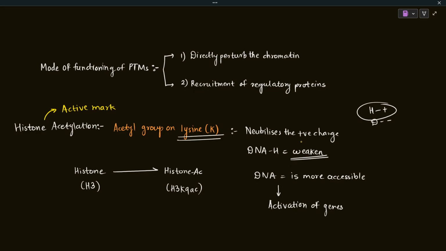Because it is neutralizing the positive charge, which loosens up the chromatin, and this loosening makes the DNA more accessible and leads to the activation of genes. I told you that you have to remember which are the active marks and which are the repressive marks. So you can now always guess which will be the active mark, because histone acetylation loosens up the chromatin.